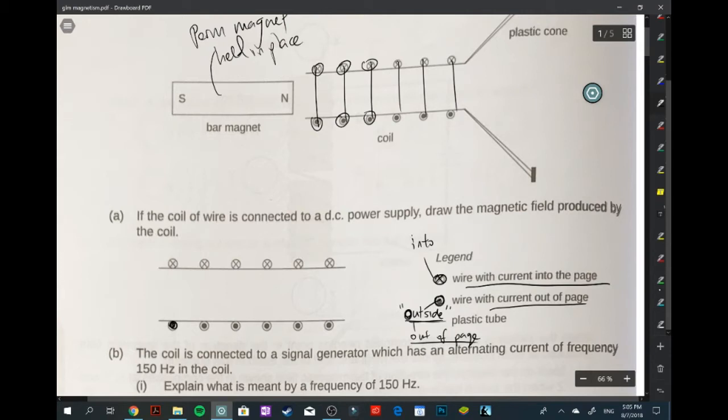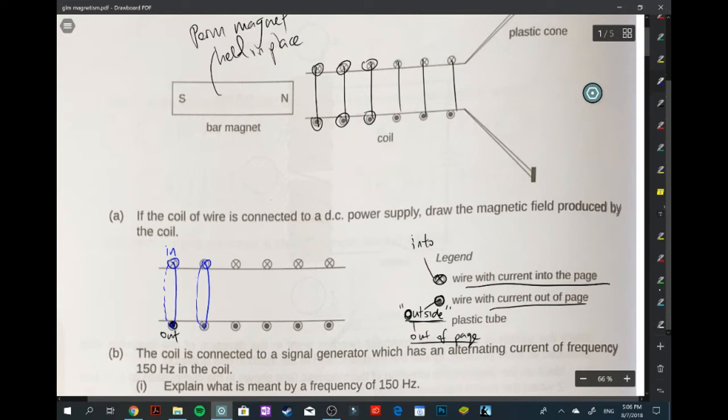I can't draw an upward arrow, so you have to imagine this is kind of like coming out, and there's another region here where it's going in. It's a coil of wire that's strapped around, and behind. If you use your right hand grip rule, it's coming in, going out here.